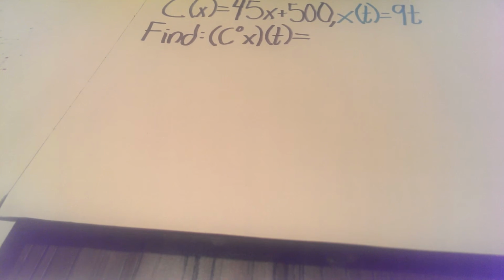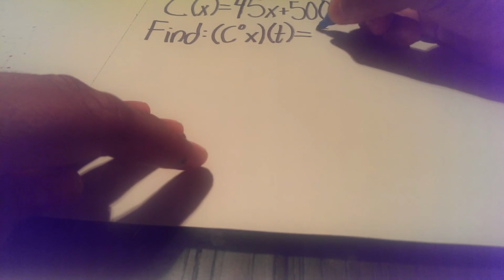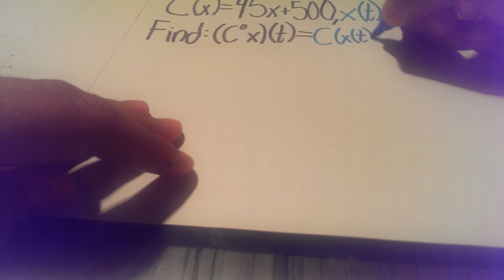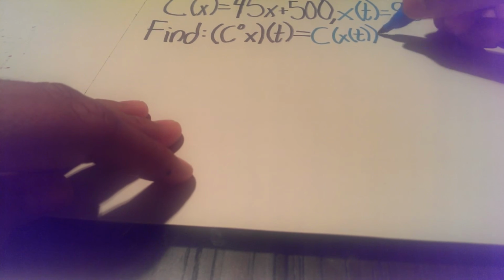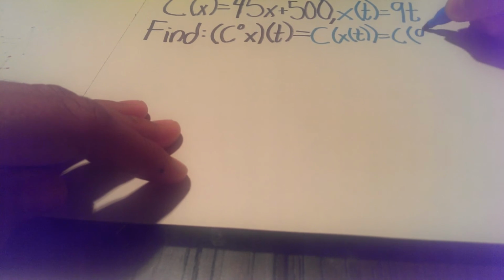So C of X of T is basically asking for C of X of T. So X of T is valued at 9t.